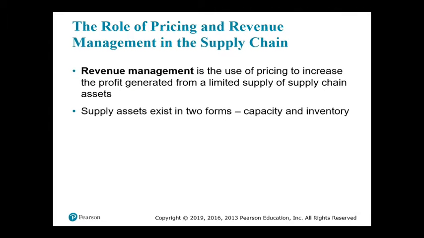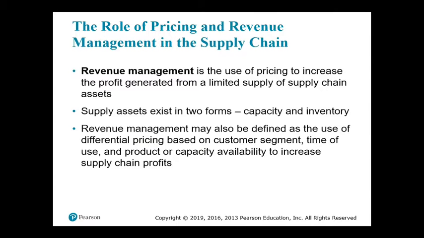And revenue management is a deeper dive into the pricing function to help us differentiate and capture more value from different customer segments based on the time of consumption of the product or service, and by adjusting the availability of our product or capacity with the ultimate goal of increasing supply chain profits.